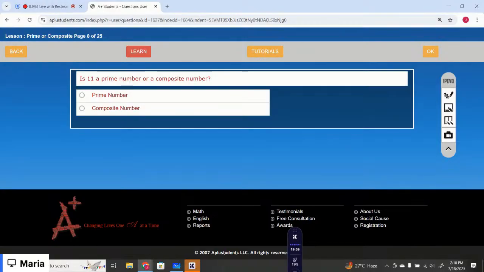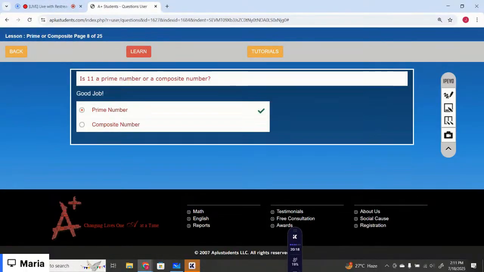Is 11 a prime number or a composite number? 11 is a prime number. Option number 1 is the correct option. That is a prime number.